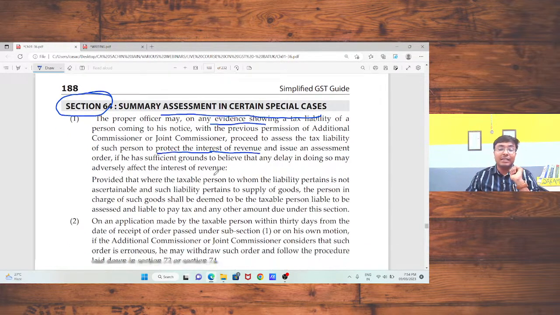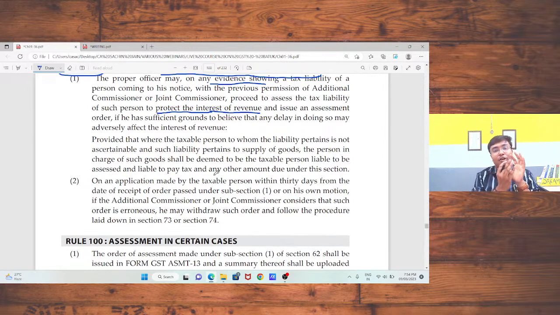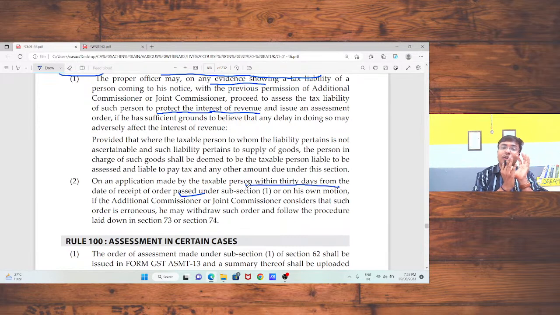Okay, in case of summary assessment they demand certain documents from you, or they may decide the liability on you on the basis of documents available with you, or pass the order. Within 30 days of passing the order, if you file a proper reply or prove with documents that the order passed by your good self is not correct as per the records available with us, in that case they can revise or they can withdraw the order.